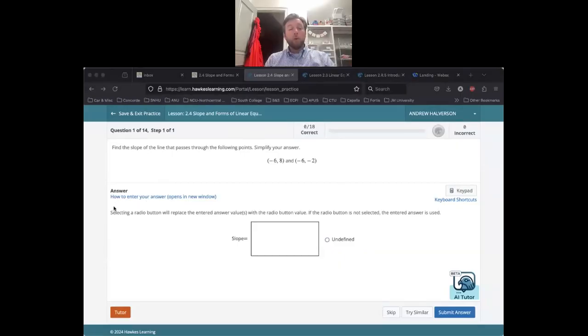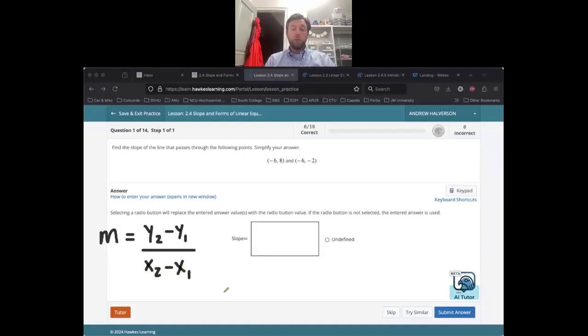So there is a formula. It's called the slope formula. To find the value of the slope, m, you make a fraction. The numerator of the fraction is y2 minus y1, and the denominator of the fraction is x2 minus x1.